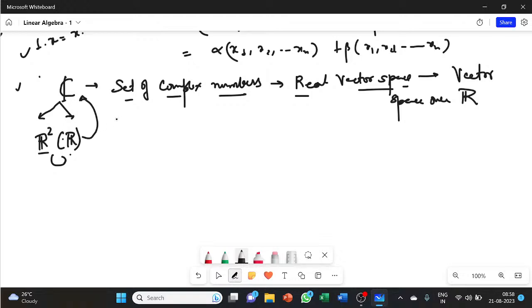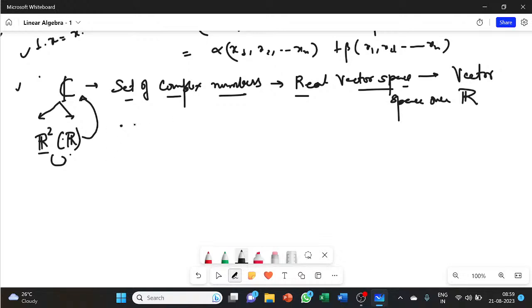Because after all, what all things need to be seen? The first thing that needs to be seen is that addition of a complex number will give you a complex number.